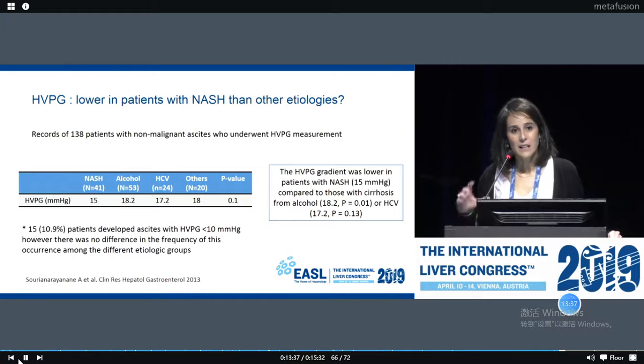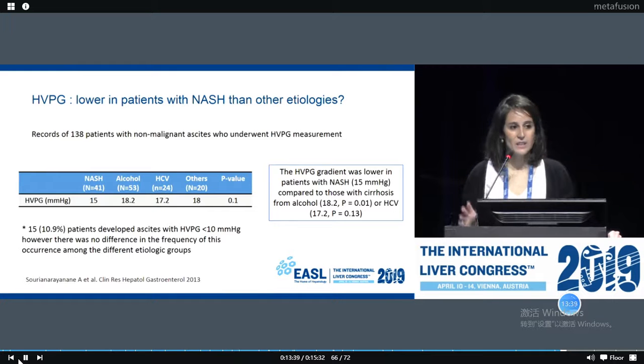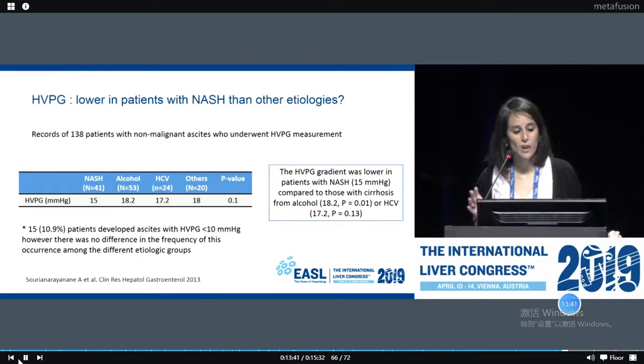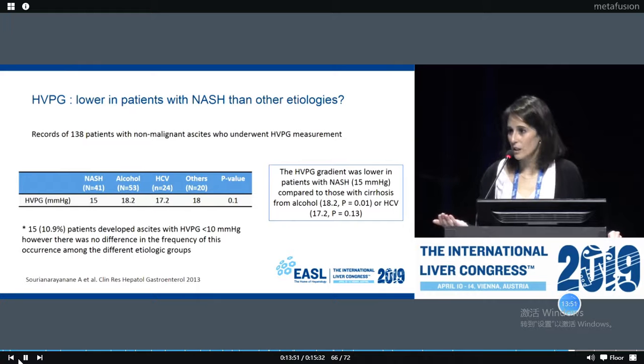etiologies, but we have to take into account that they retrospectively collected records of 138 patients that had non-malignant ascites and underwent HVPG measurement, either because they underwent liver biopsy, transjugular liver biopsy, or TIPS placement.